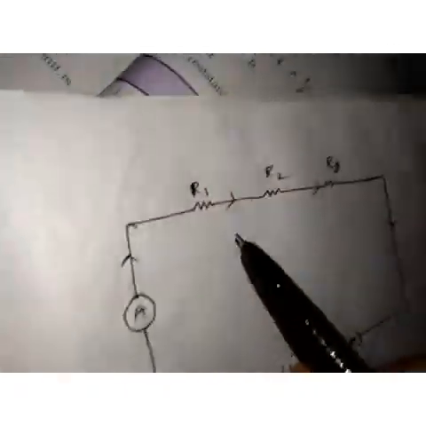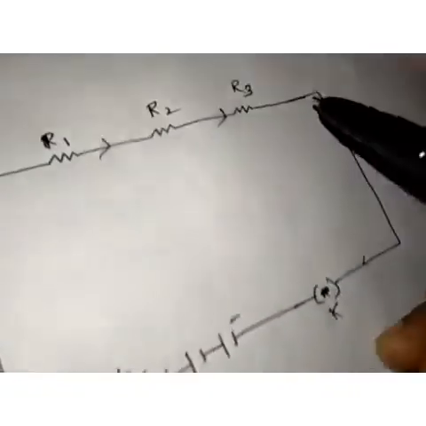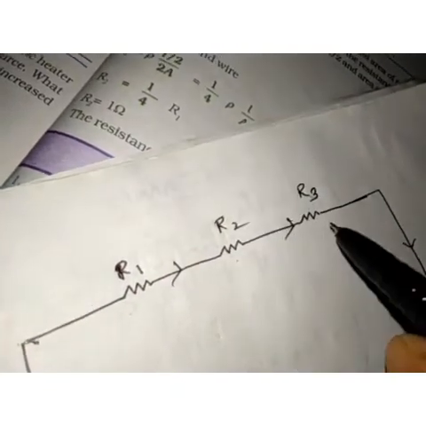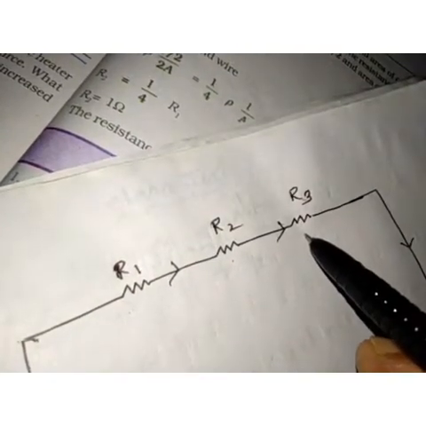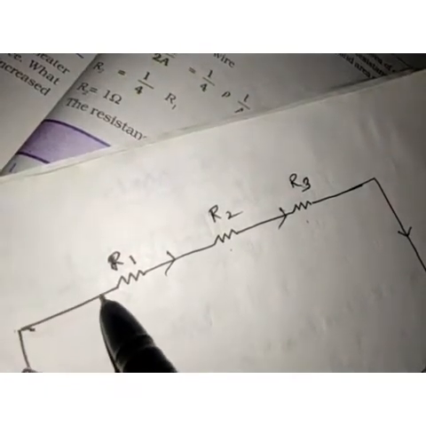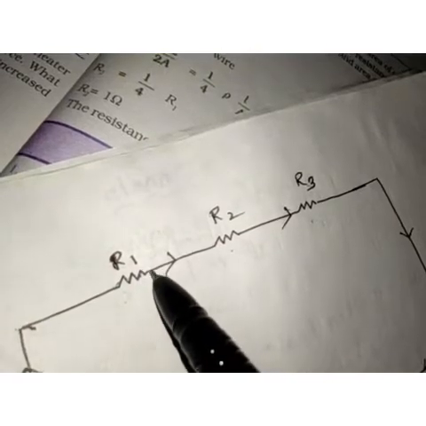Look, there are three resistors: R1, R2 and R3. These are connected in series.